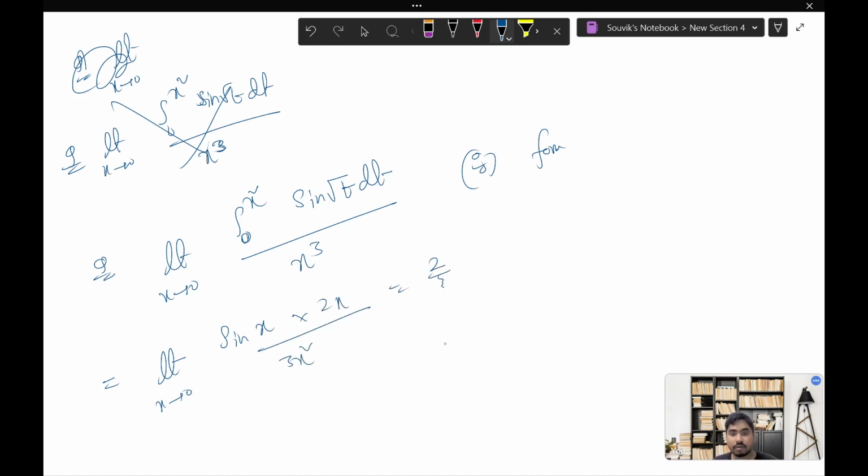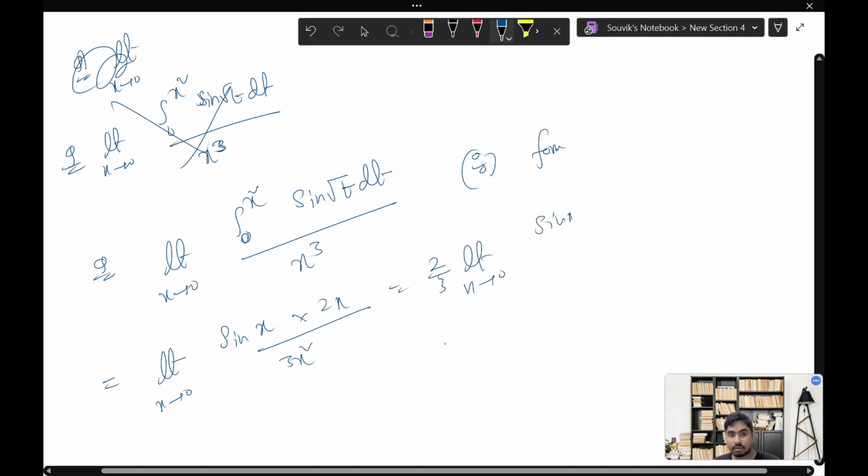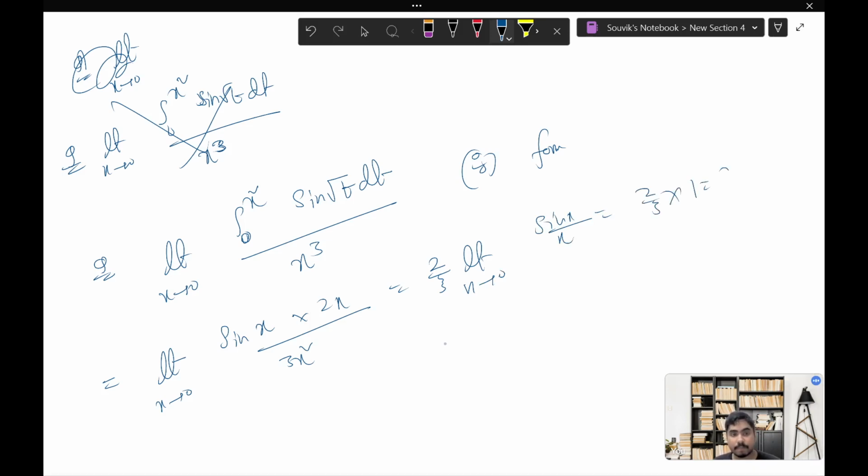This will be 2 by 3 times the limit as x goes to 0 of sine x by x, which is equal to 2 by 3. Okay, so this is the one problem.